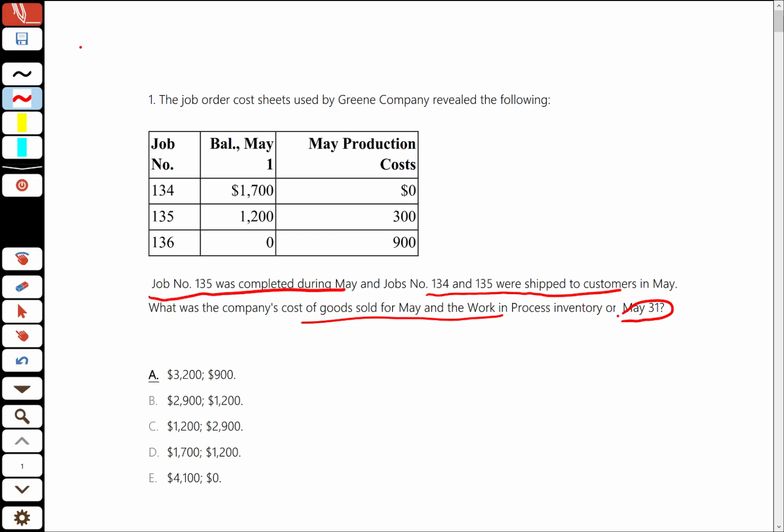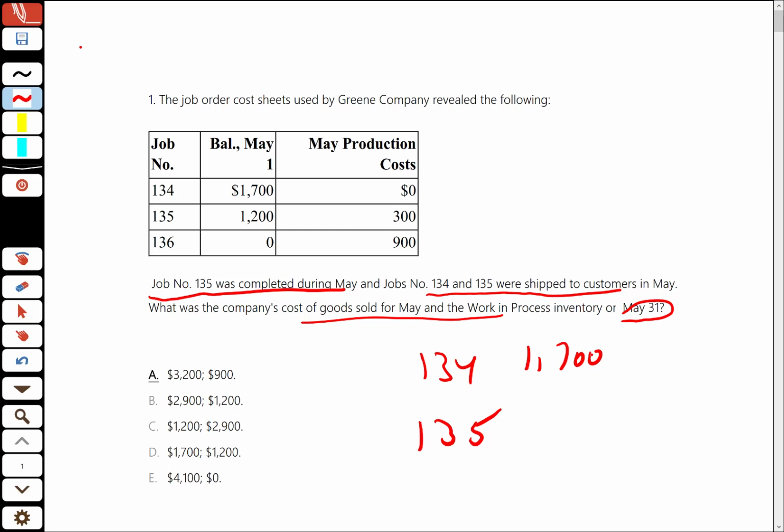So cost of goods sold is going to be for those items that I've actually sold, right? And so if they tell me that job 134 and 135 were shipped to customers, then I'm going to have to accumulate those two costs to get my cost of goods sold, right? So 134 had costs that were already sitting in there of $1,700 at the beginning.